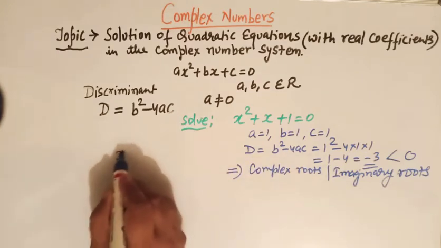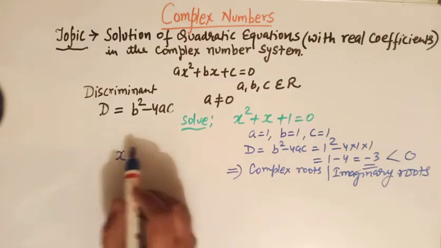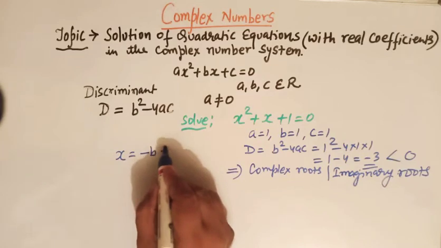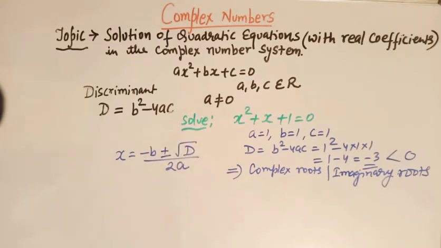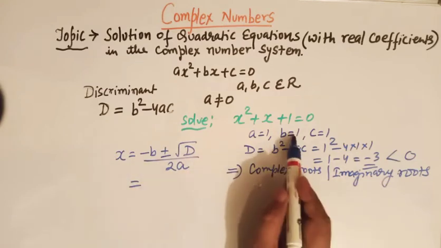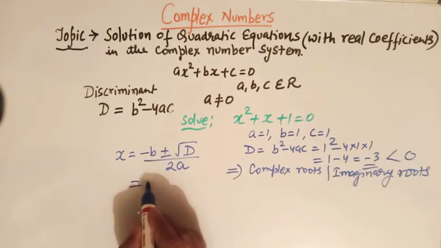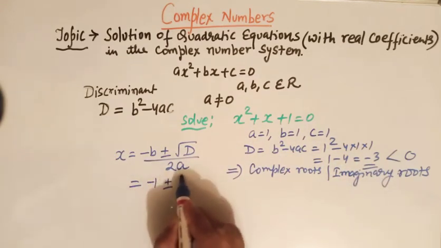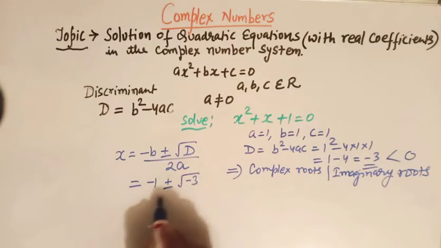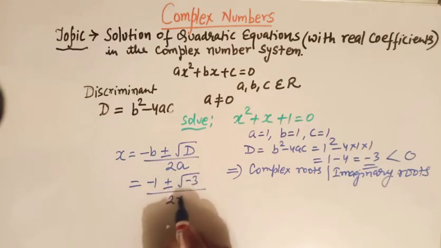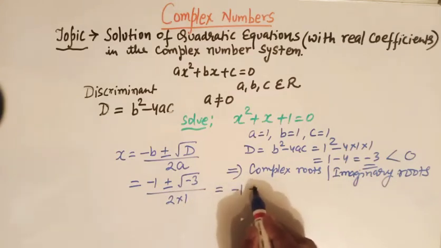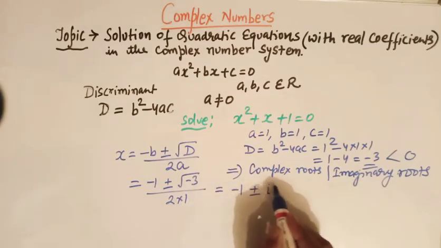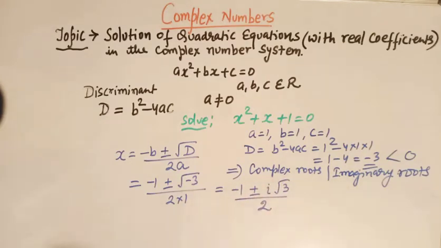Now let us find the roots. So we have x is equal to minus b plus minus square root of d divided by 2a. Now if we substitute these values here, we get minus 1 plus minus square root of minus 3 divided by 2 times 1. And we can write it as minus 1 plus minus i square root 3 divided by 2.